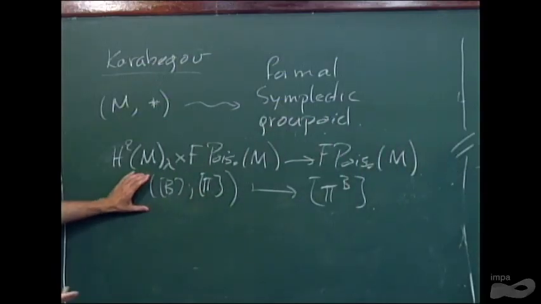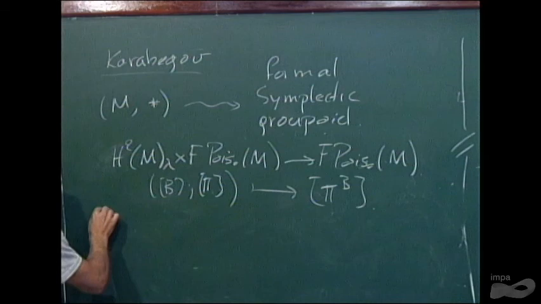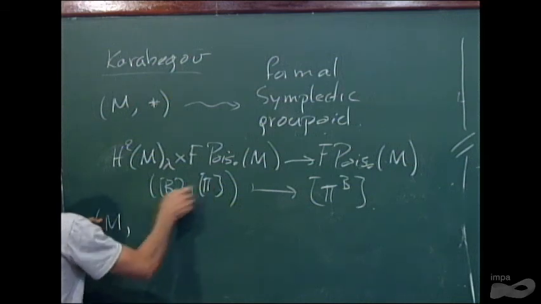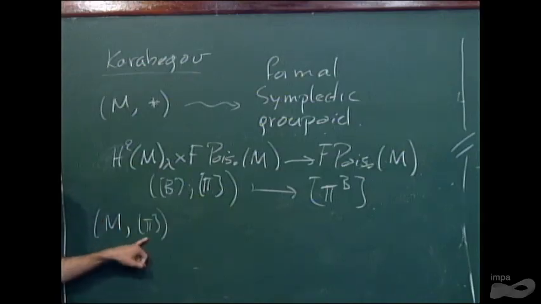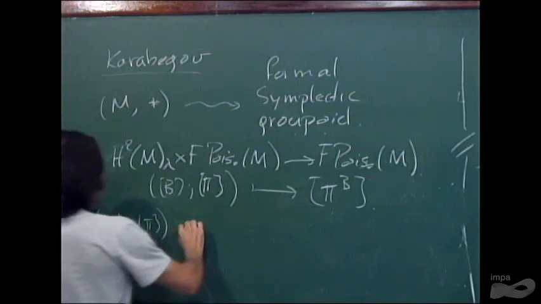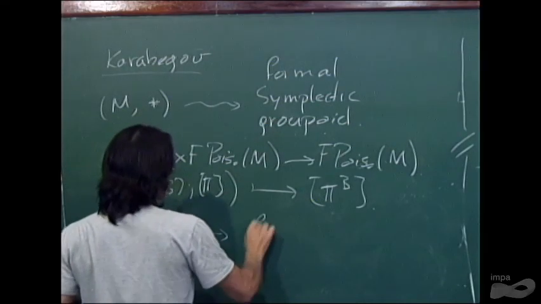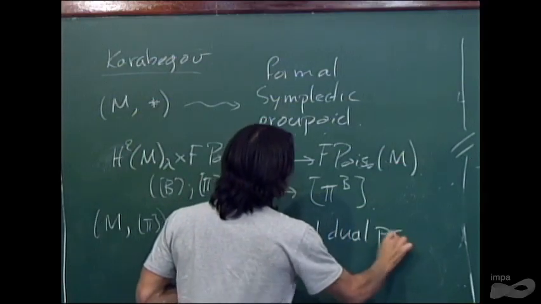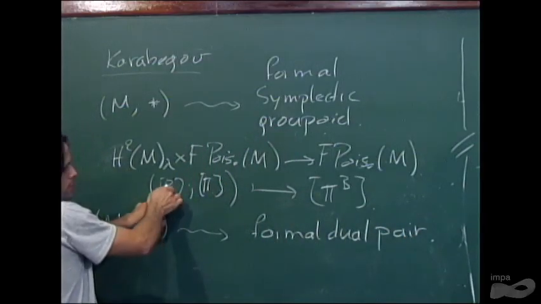We studied a deformation problem, but going over that, the final product here is that you take M, you take this pi here, and you can construct something that I call a formal dual pair. In particular, you can take B equals 0.